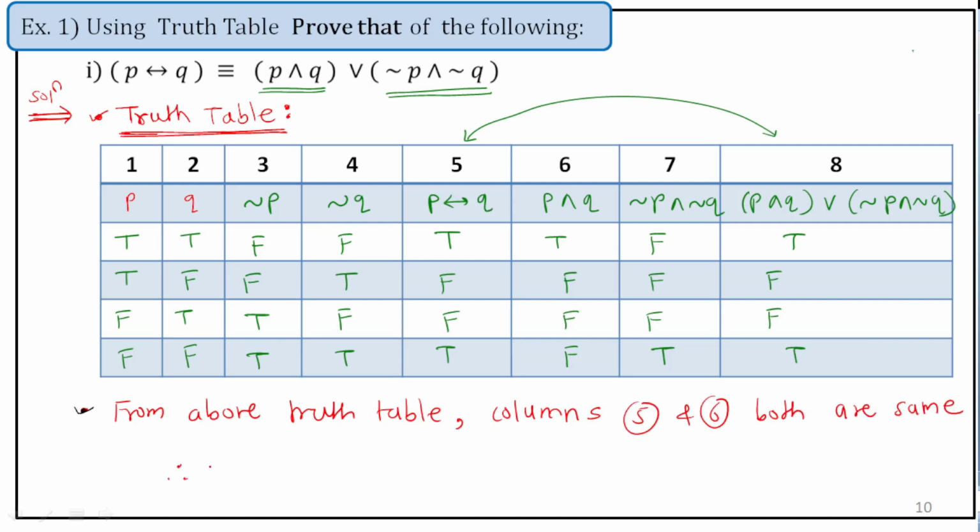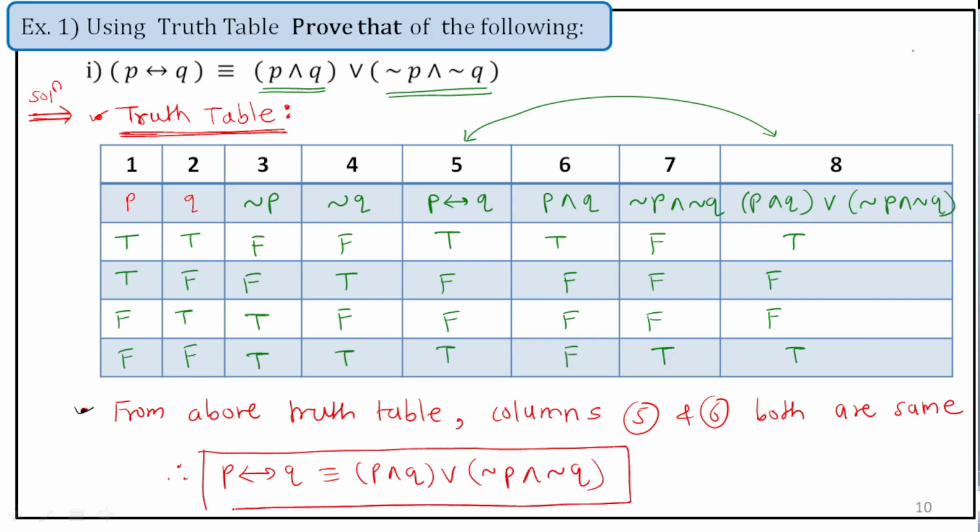Therefore the given statement pattern, P if and only if Q, is equivalent to (P and Q) or (negation P and negation Q). Hence the proof.